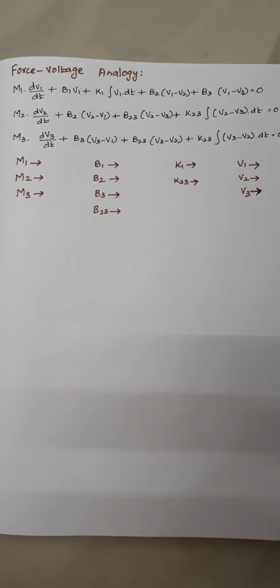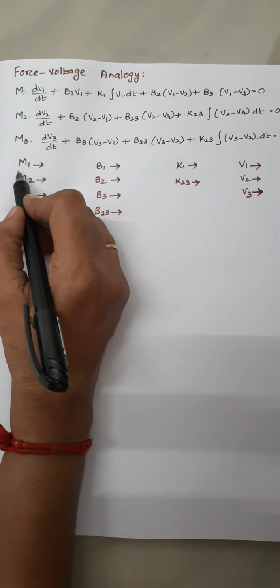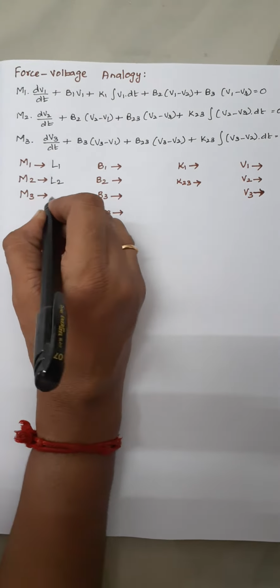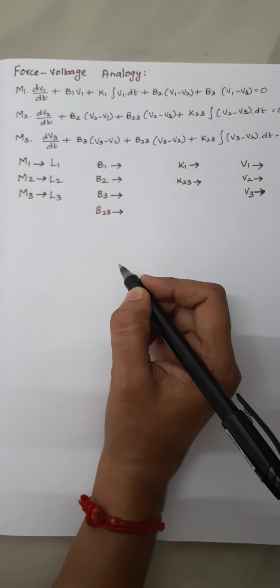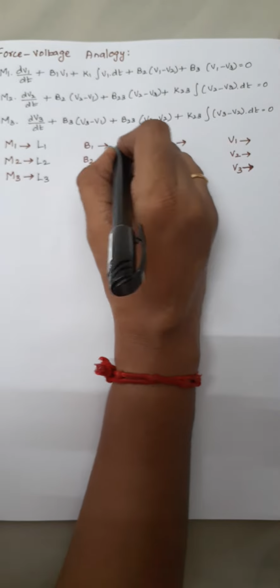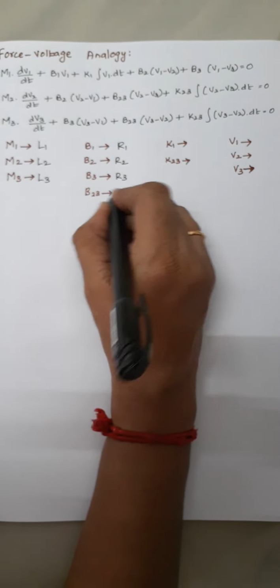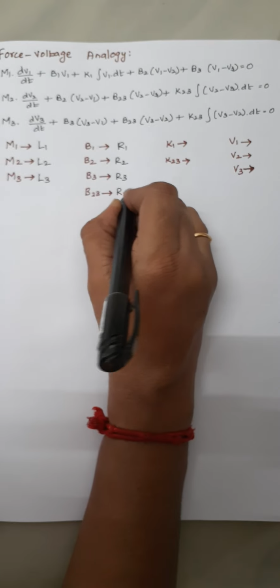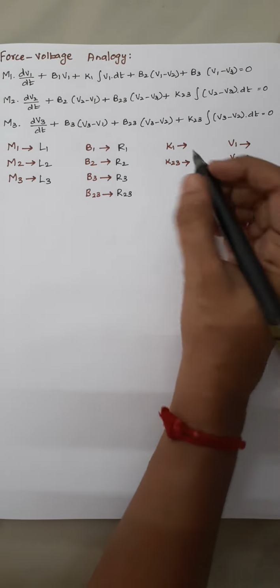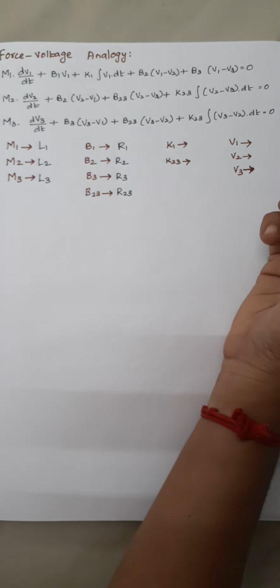As we all know, in the force voltage analogy, this M1 should be represented as L1, M2 as L2 and M3 as L3. Again B1 should be represented as R1, B2 as R2, B3 as R3, and B23 should be represented as R23. And K1 should be represented as capacitance.